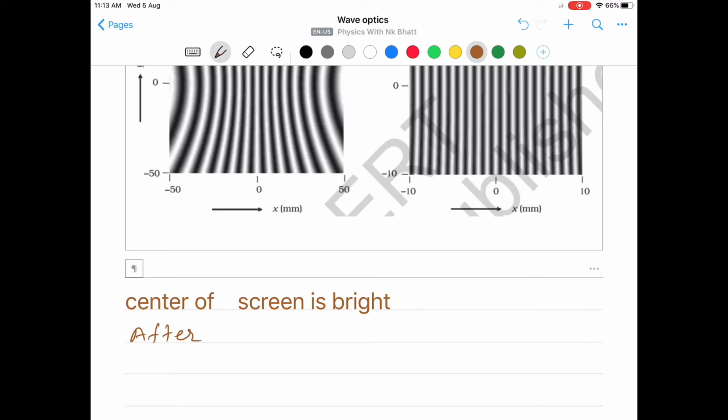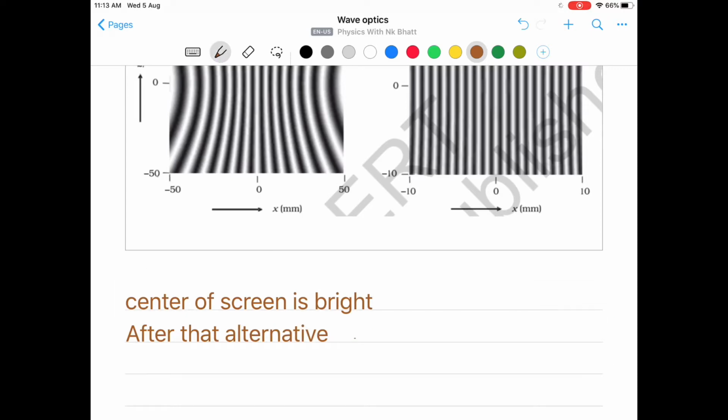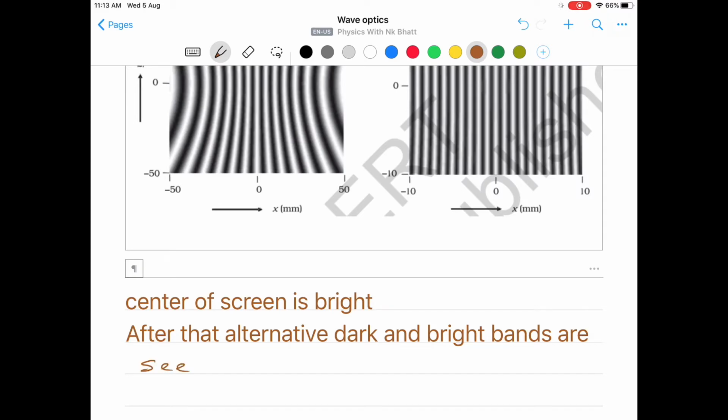After that, alternate dark and bright bands are seen.